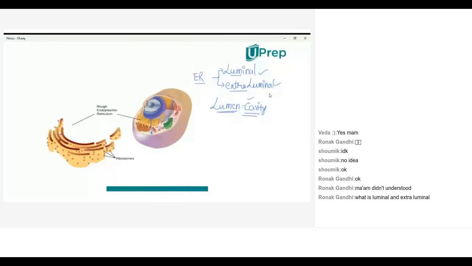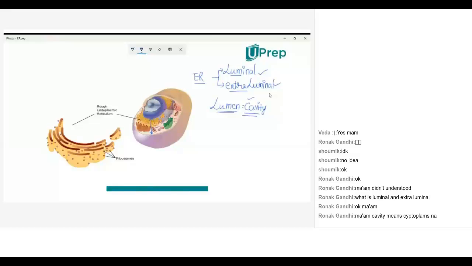The luminal side, Ronak, that's what I'm explaining. Luminal side and extraluminal. Did you get it? See, luminal side is nothing but the cytoplasm or the cell part which is inside this network of endoplasmic reticulum. And extraluminal side is nothing but the remaining part of the cell which is outside the network of endoplasmic reticulum.